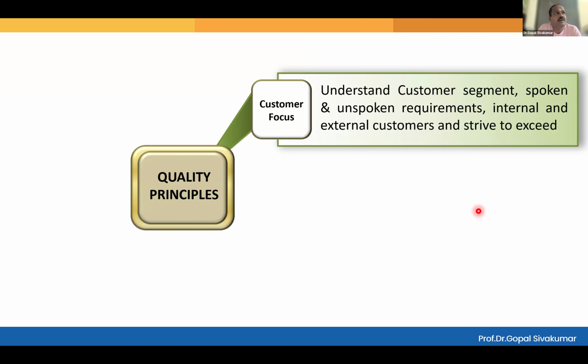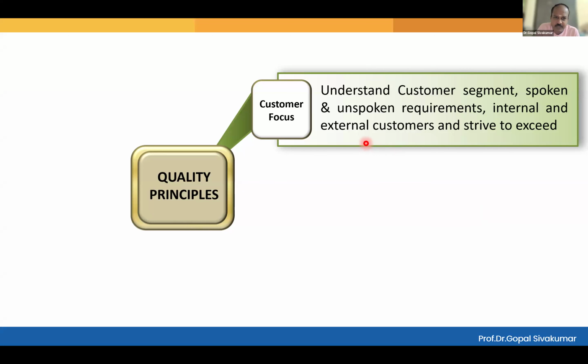But then, sometimes, let's say government norms. If you are selling a product or offering a service, there are certain regulatory norms you need to follow. Yes or no? If you don't follow the norms, you know what will happen?